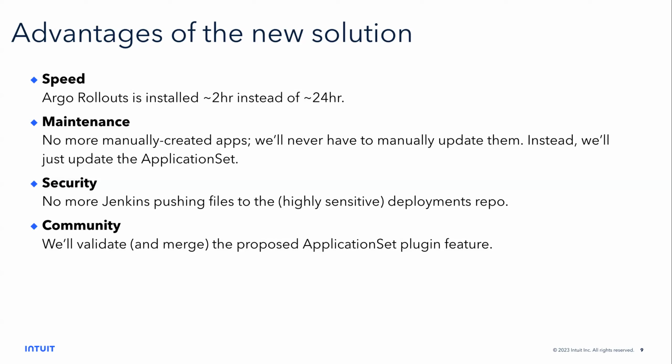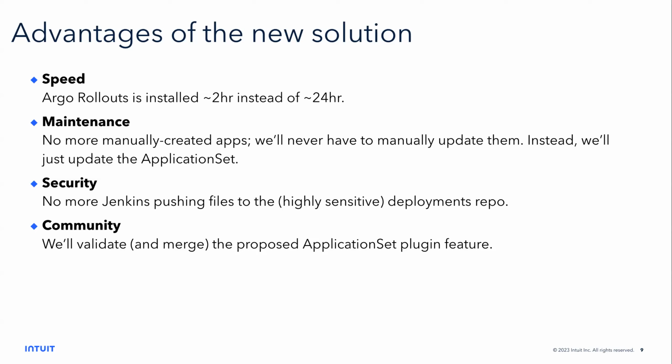Maintenance, again, there are no manually created apps. It would be done through application set. Security was one primary thing. Jenkins was pushing a bunch of config files to the deployment repo, which we didn't like. That repo is pretty sensitive.